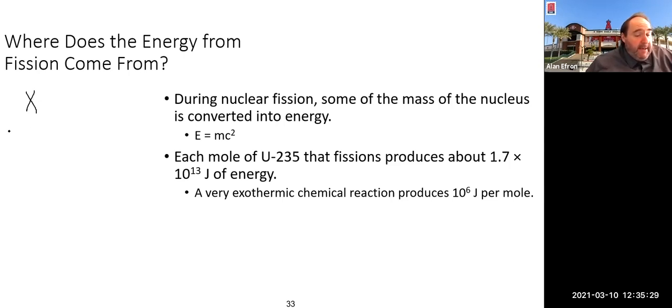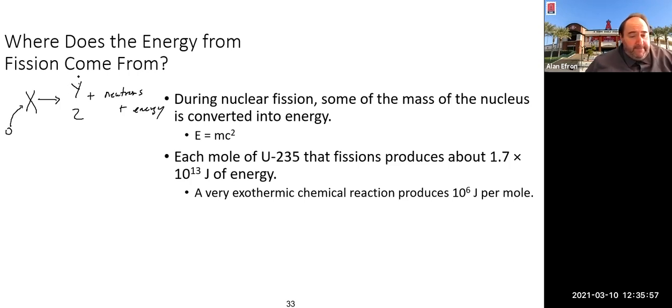This could happen by shooting a particle at a stable nucleus and making it unstable. But ultimately what happens in a fission reaction is it goes through a decay process, and it usually will create two new nuclei, what's called Y and Z. And it usually will create some neutrons, and it usually will create some energy in this process.